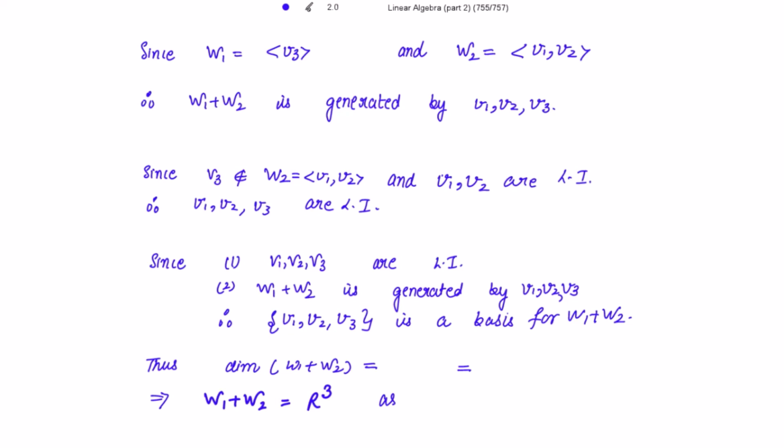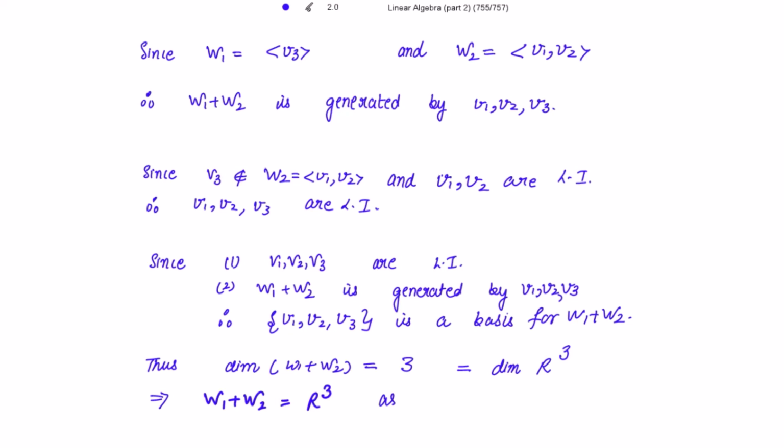So the dimension of W1 plus W2 is 1, 2, 3. So it is 3. And this 3 is also the dimension of R3, which means W1 plus W2 and R3 both have the same number of bases, right?